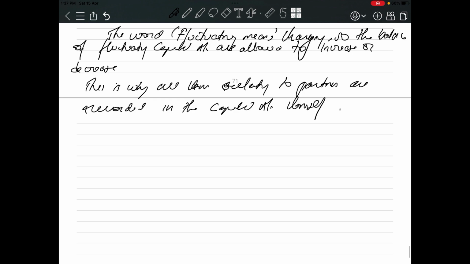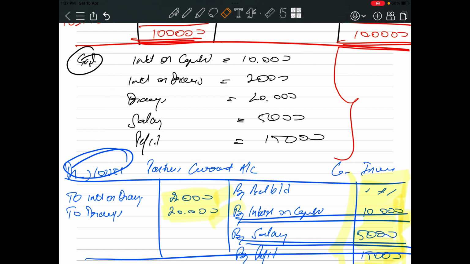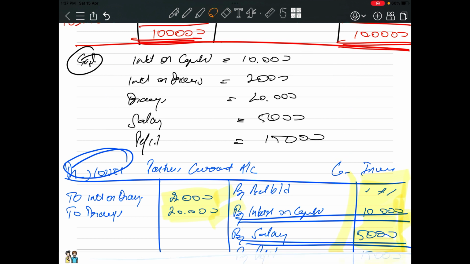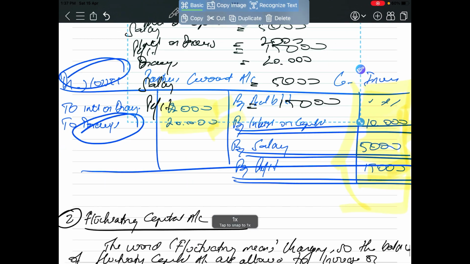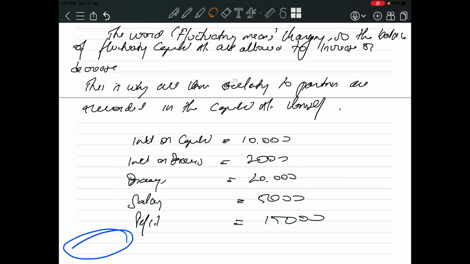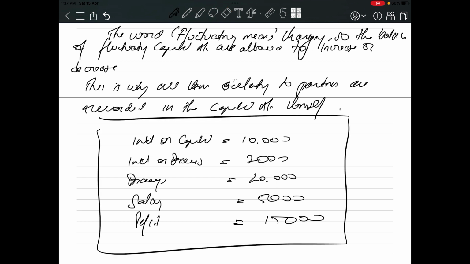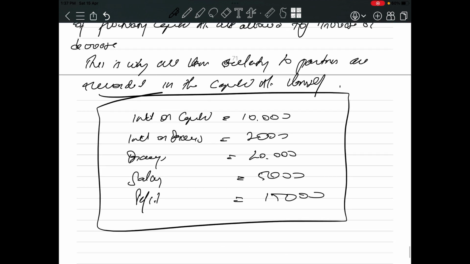So let's again try to understand. Say for example, these are the items which a partner has got during the year. Now see, when the question asks us to prepare fluctuating capital account, how will we treat it?